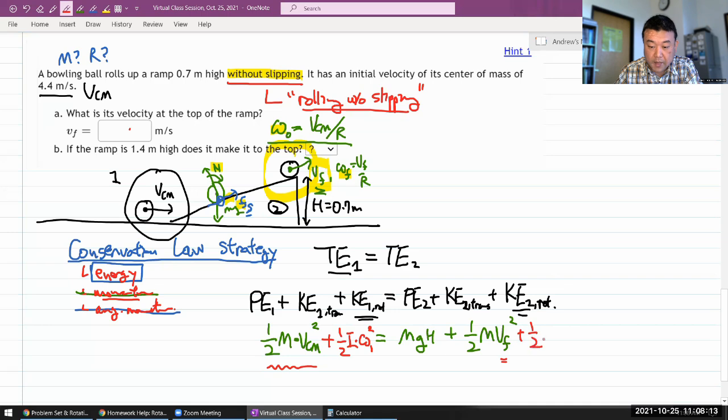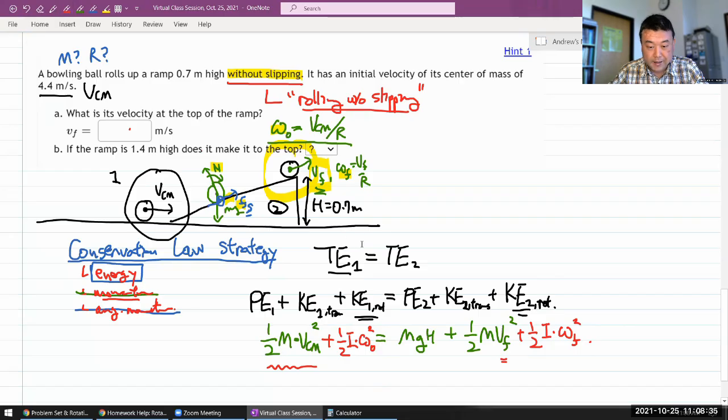So this should be 1/2 the rotational inertia, I, times angular velocity squared. So that omega, let me just label that as omega 1, should be omega naught. So that's what I have to correct for.